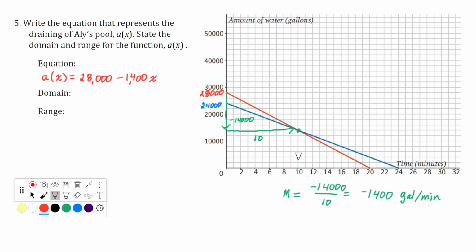The domain for Allie is different from Dane's because Allie is done in 20 minutes. Her pool is empty in 20 minutes rather than 24 minutes. So her domain is from 0 to 20, and her range is also different because she starts with more water than Dane. So 0 to 28,000 is her range.